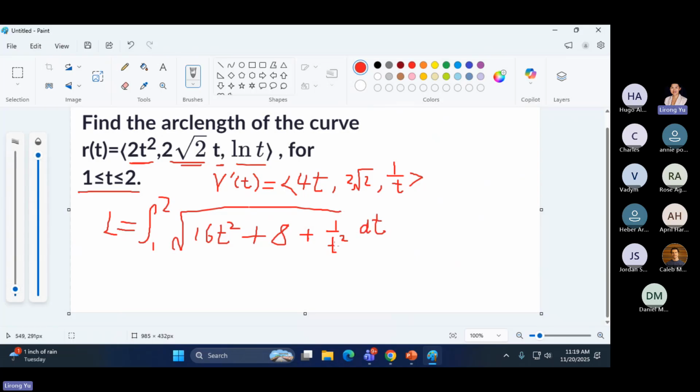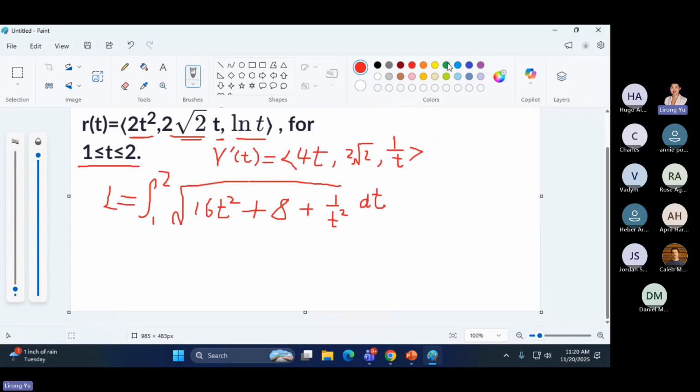Most people can actually find the answer now, but if not, let me analyze the process. We have a root calculation that we need to integrate, so one effort is to try to figure out if this root can be canceled. So we look at what is inside. The root of 16t squared is 4t, so we have 4t plus the root of that last term, which is 1 over t.